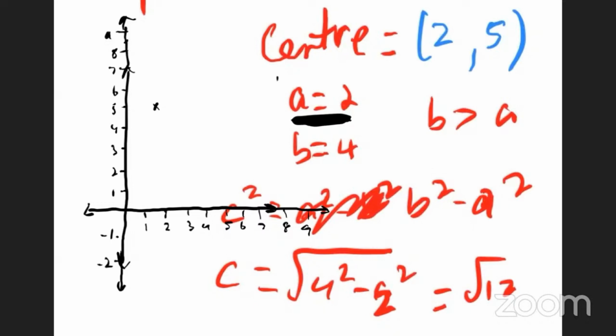So here, this is telling us that we're going 2 to the right and 2 to the left. So if here is 2, we're going about here, so that's about 4. That'll be 4, 5. And then we're going 2 to the left. So that'll be 0, 5.